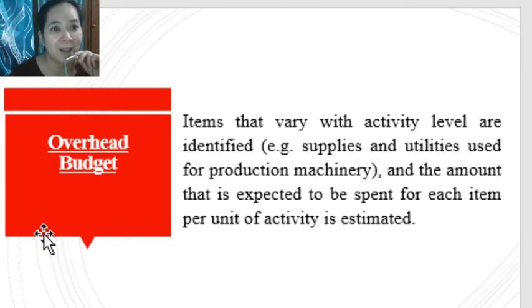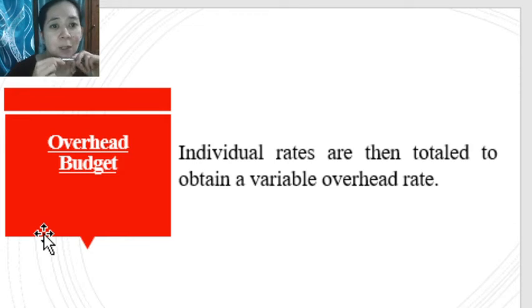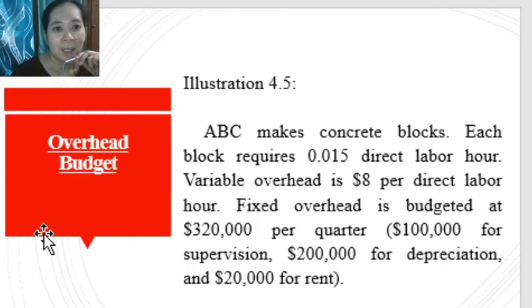With overhead, we also make estimates. Individual rates are totaled to obtain the variable overhead. Later as we go along with our discussion, we will have illustrations to show you how to prepare this overhead budget.